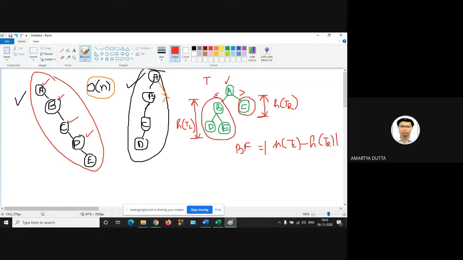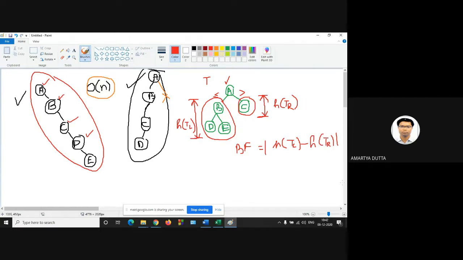You have to construct an AVL tree from scratch when some node sequence is given to you. This is your task in your exam. While constructing the AVL tree, at each step you have to calculate the balance factor of each node.